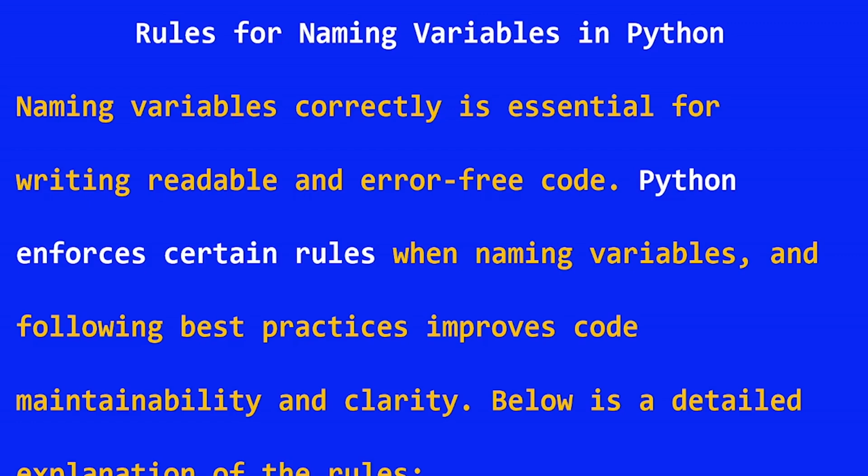So we have some rules that will guide those variables to stay inside the computer without producing bugs, and in this case I mean some errors. Yes, so naming variables correctly is essential for writing readable and error-free code. So Python enforces certain rules when naming variables, and following best practices improves code maintainability and clarity. And below is a detailed explanation of the rules.